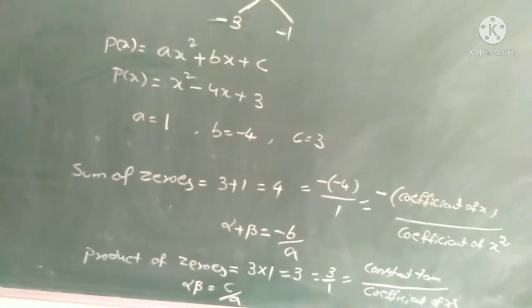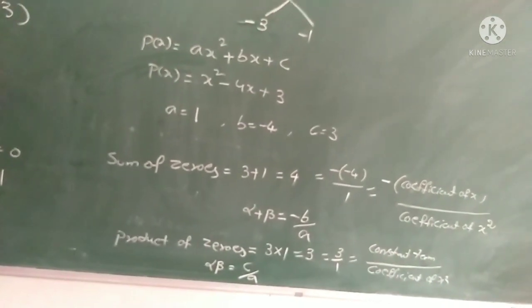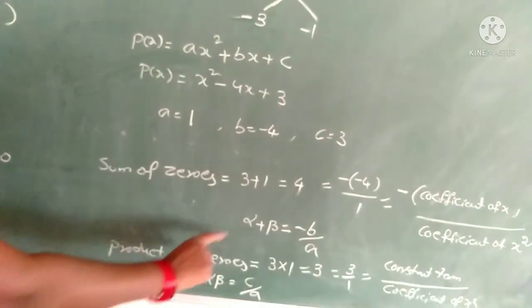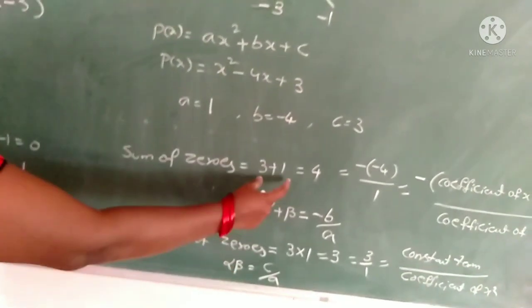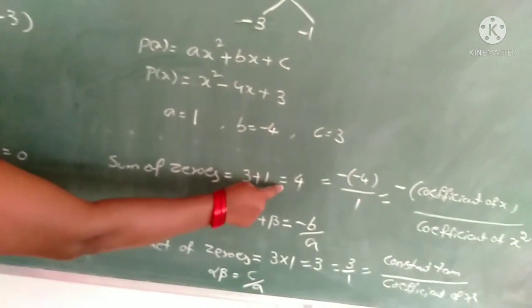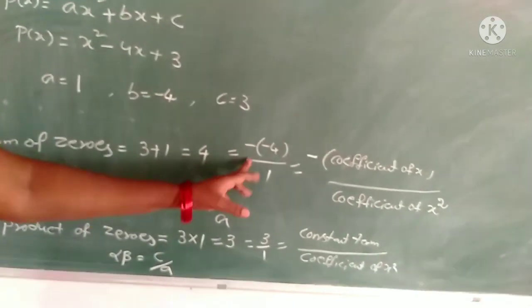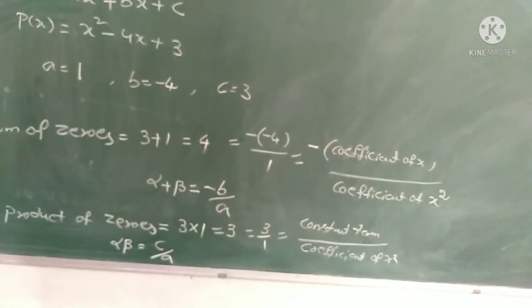Next we will find the sum of zeros. First zero 3 and second zero 1, so 3 plus 1. Sum of the zeros 3 plus 1 equal to 4. 4 is converted into this form, minus of minus 4 by 1.